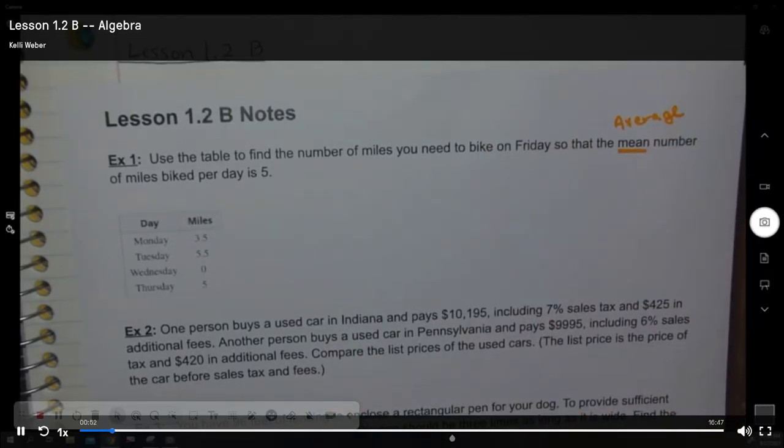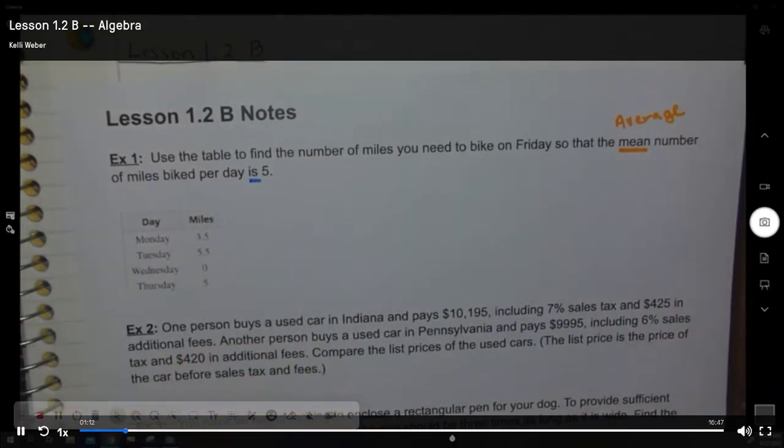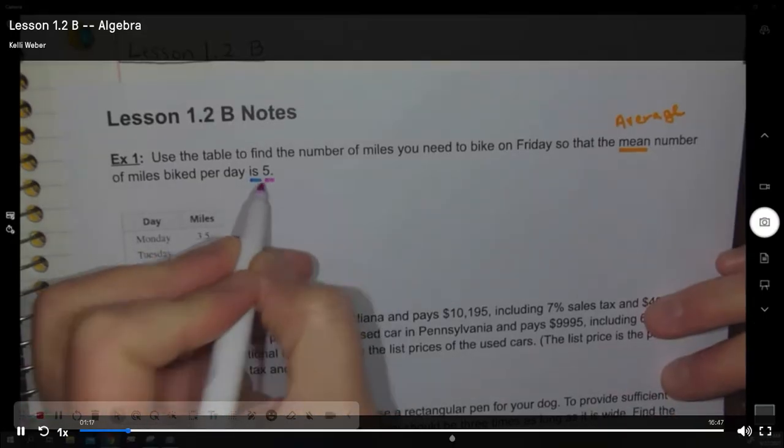So when we have the average, we have to add all of the numbers together and divide by the amount of numbers that we have. We have some signal words telling us that the mean number of miles biked per day is, which tells us equals, and 5 is also important.